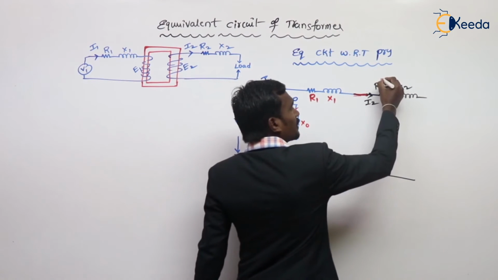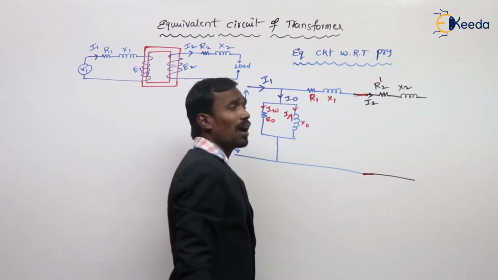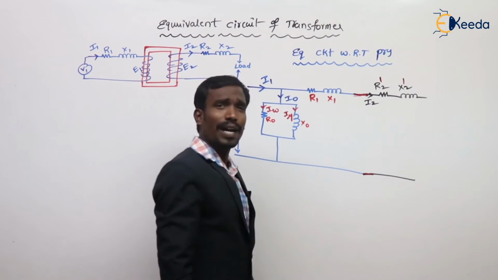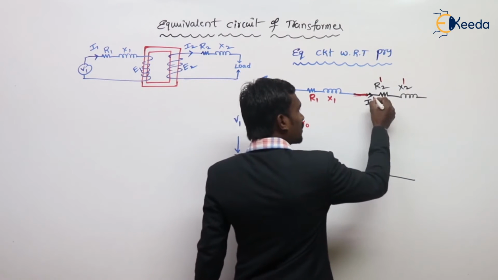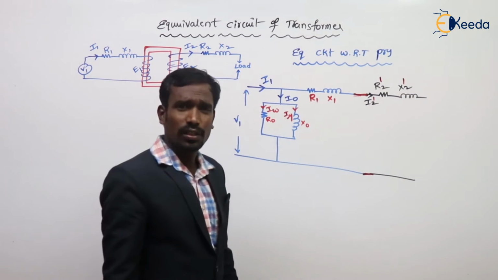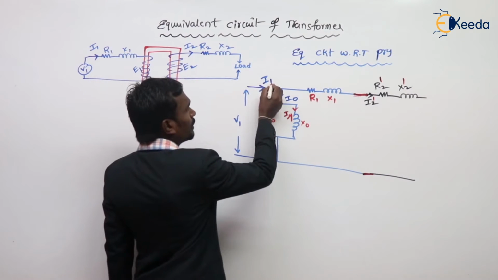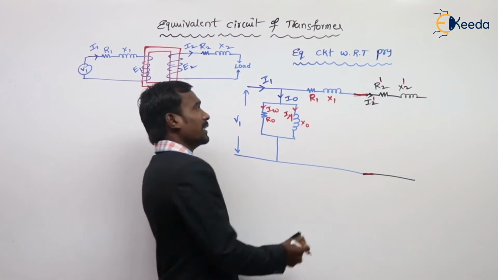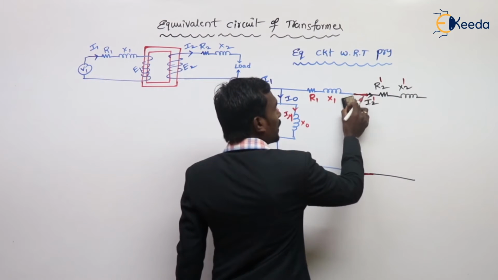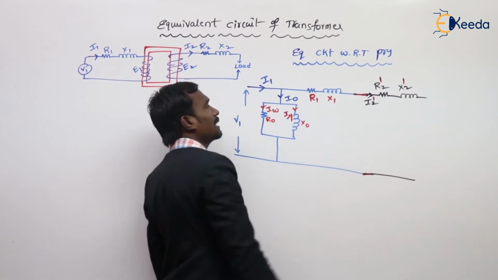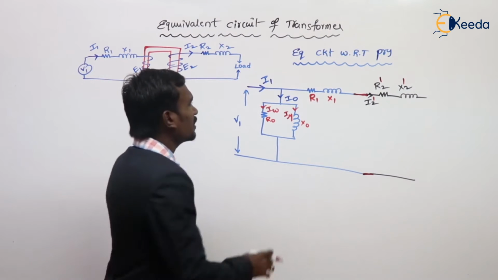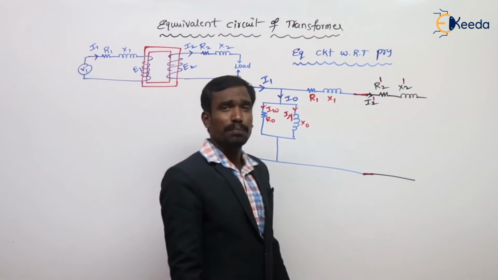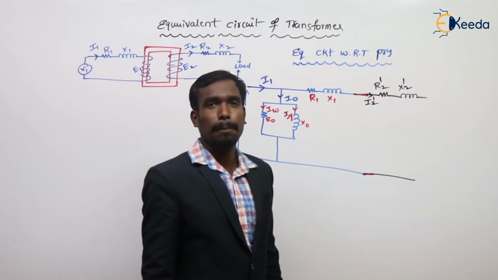Now this resistance is called R2 dash, this reactance is called X2 dash, and this current is called I2 dash. Because we know I1 is equal to I0 plus I2 dash. This is the equivalent circuit of my transformer with respect to primary.